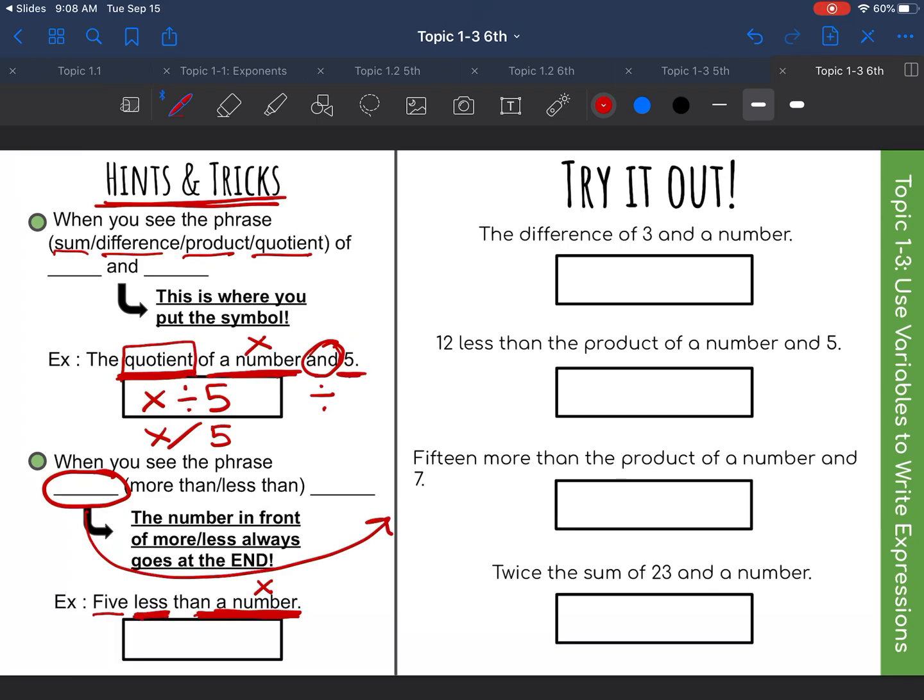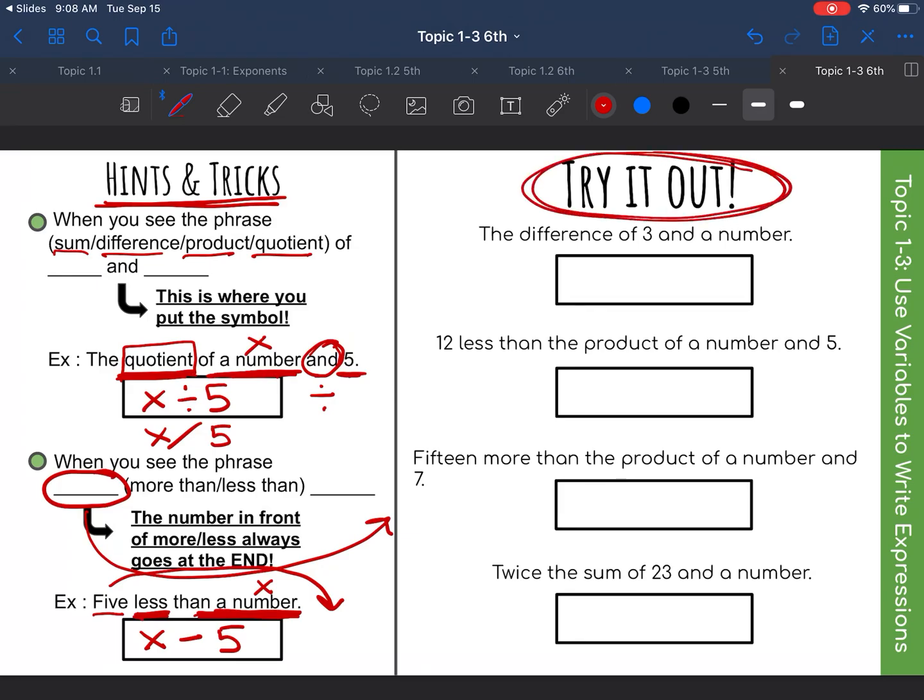Now, less. When you see the word less, if you need to look at your other slide, what does less stand for? Well, less stands for subtraction. So when you see blank less than a number, the 5 goes at the end. So it's X minus 5.